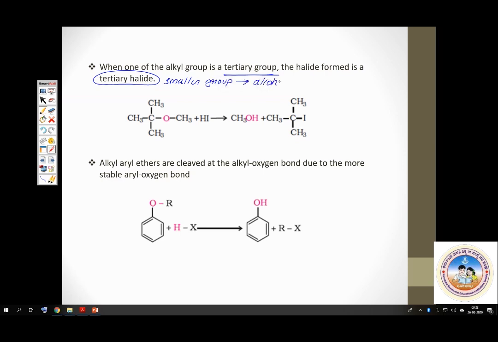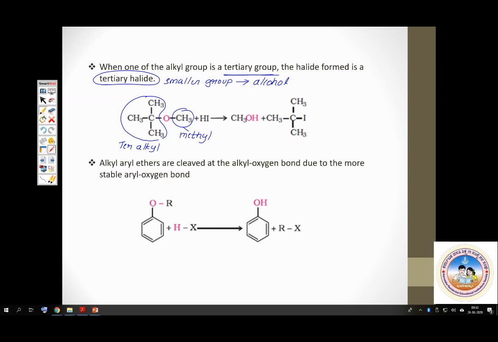This is an ether with one tertiary group. This is tertiary alkyl, and this is methyl, the smaller group. So if your ether contains a tertiary alkyl group, what is the observation here? It forms the halide.